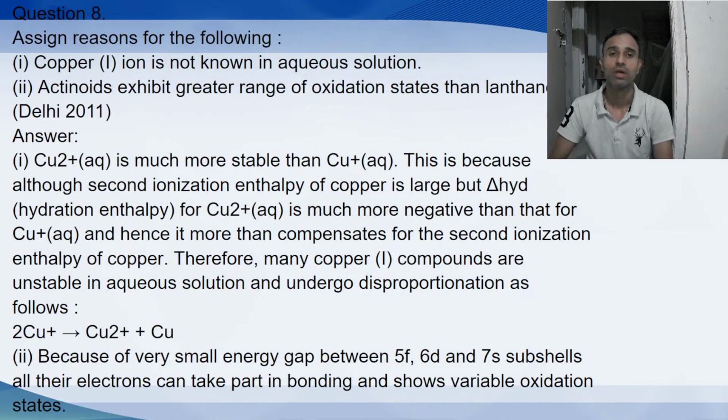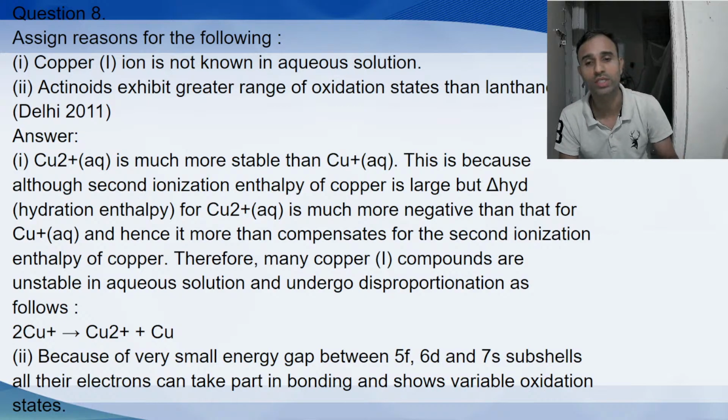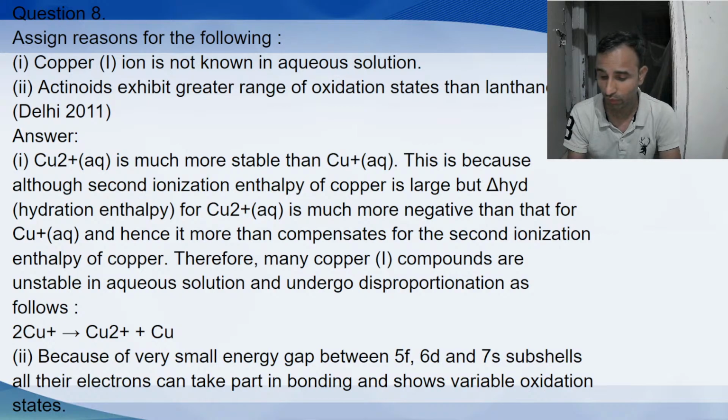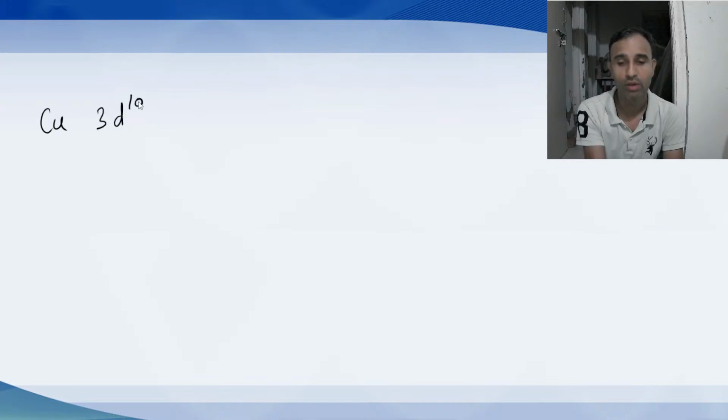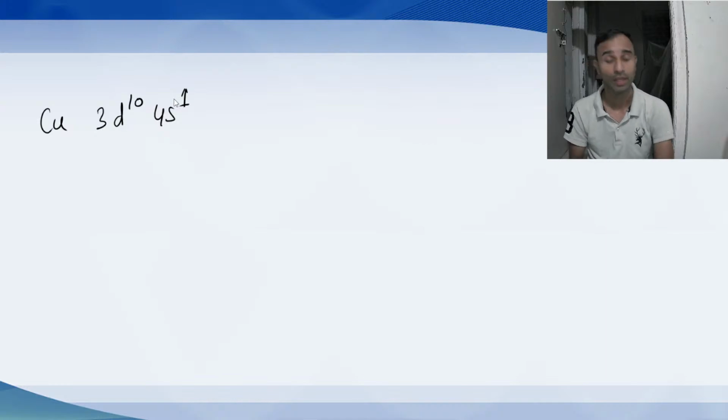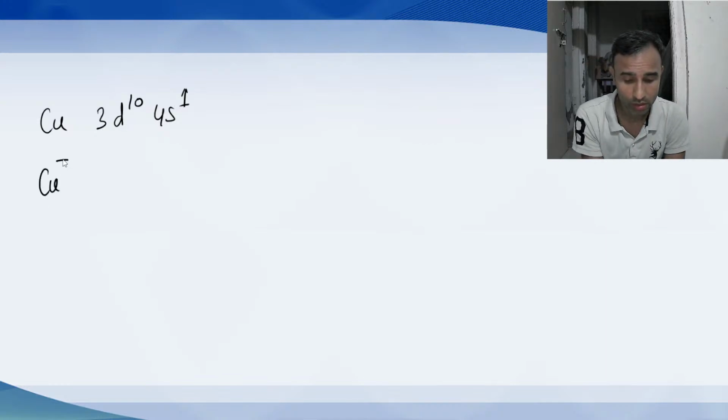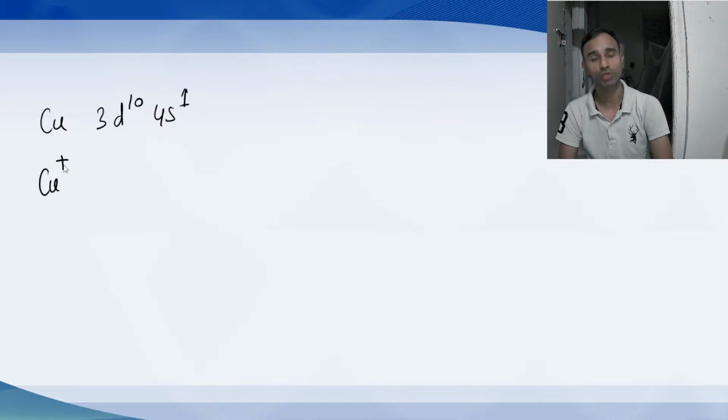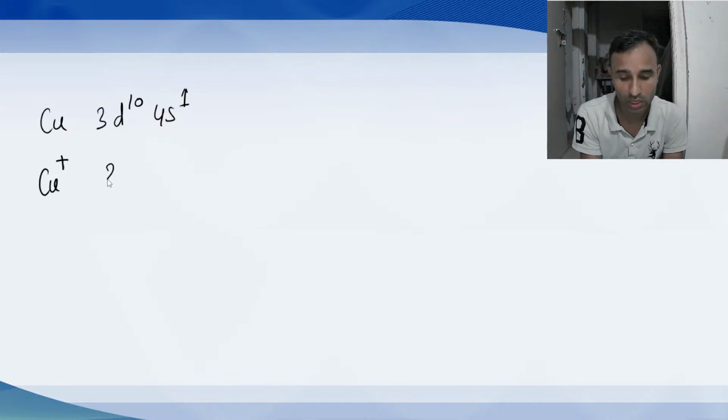Next question. Copper 1 ion is not known in aqueous solution. See, copper is 3d10 4s1, so in its +1 oxidation state, copper is 3d10.